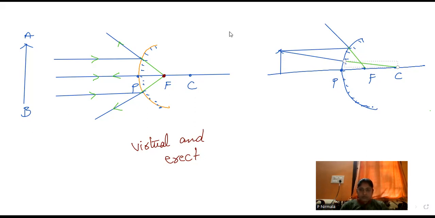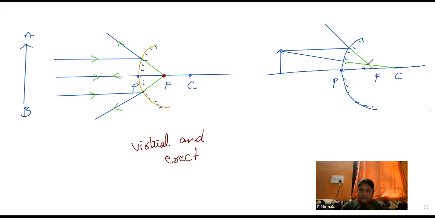I'll show you. The image is forming here.